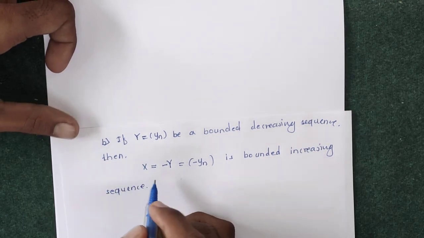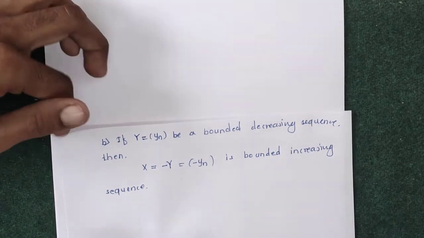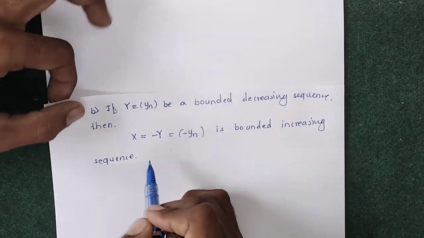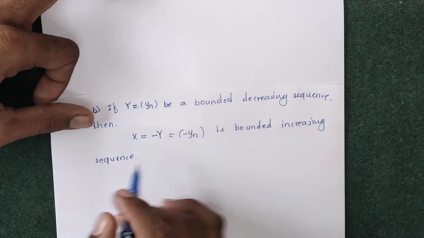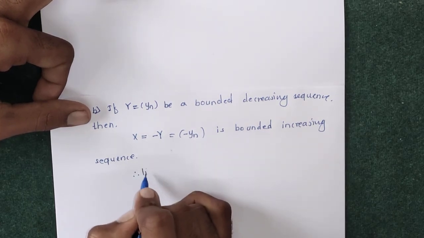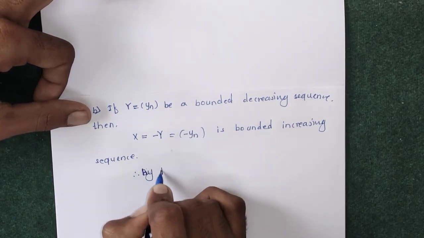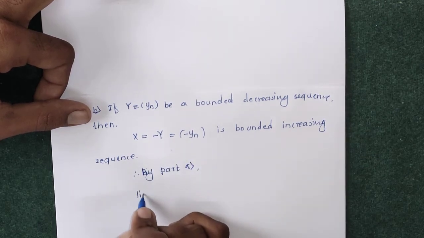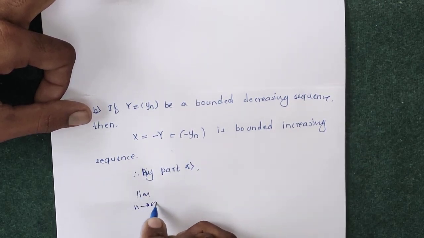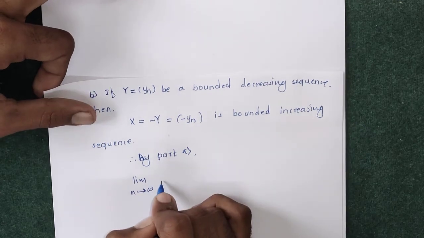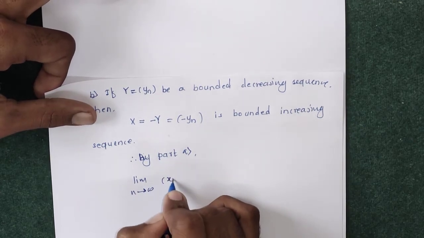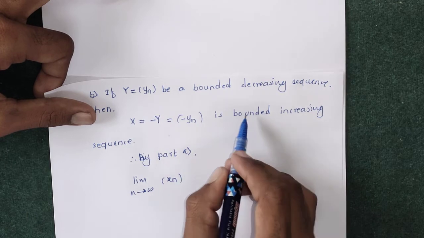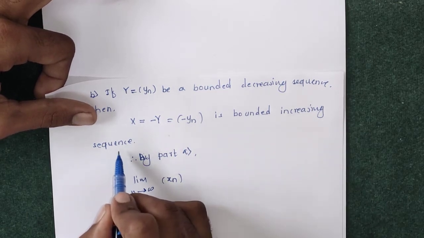Therefore, for a bounded increasing sequence, in the first part we have proved that if the sequence is bounded increasing, then that sequence converges to its limit. Therefore, by part A we can write the limit as n tends to infinity of the sequence xn, where xn is a bounded increasing sequence.